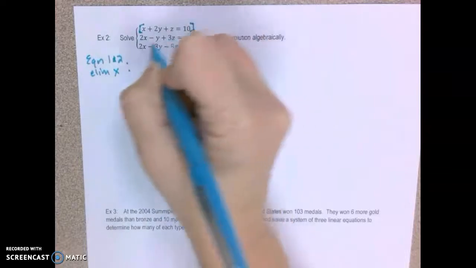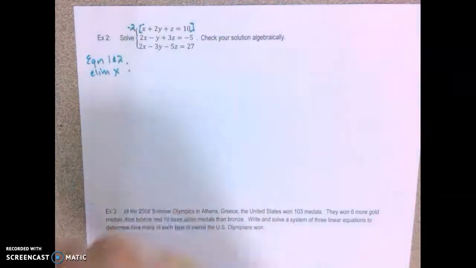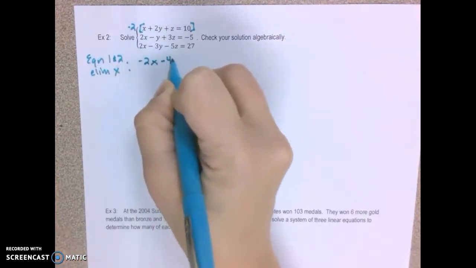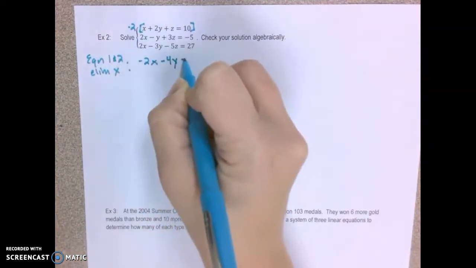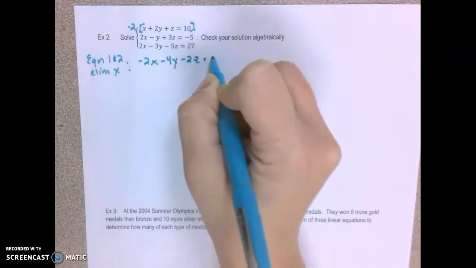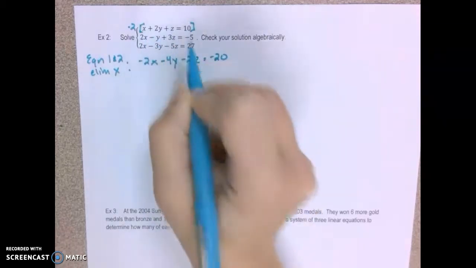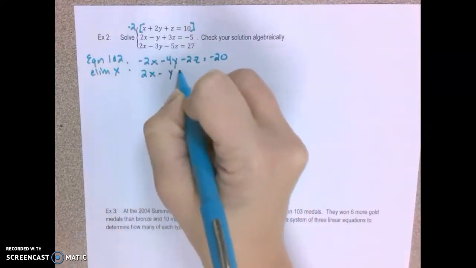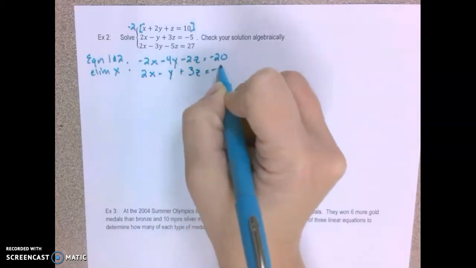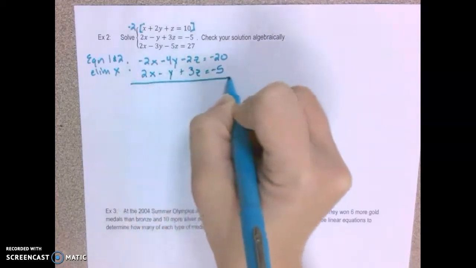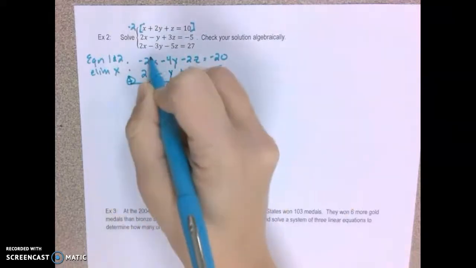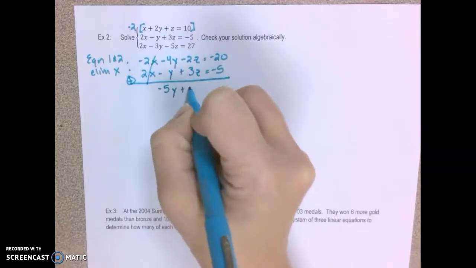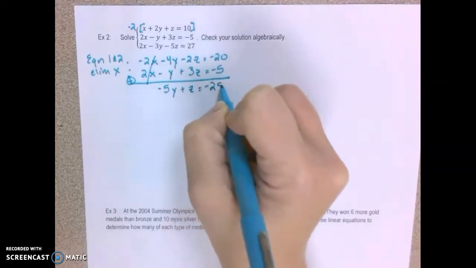To eliminate x, we multiply that equation by negative 2 and get negative 2x minus 4y minus 2z equals negative 20. Our second equation is fine the way it is. Now our x coefficients are opposites, so we add the 2 equations and get negative 5y plus z equals negative 25.